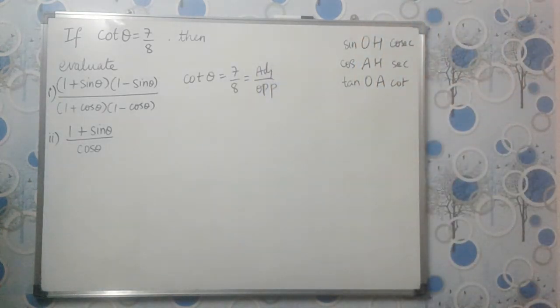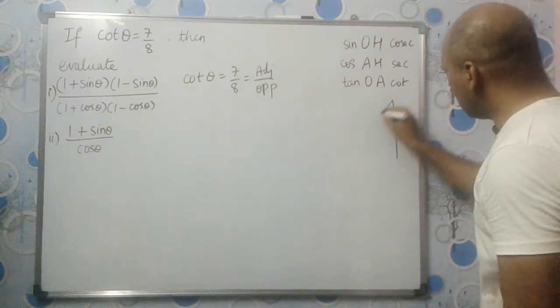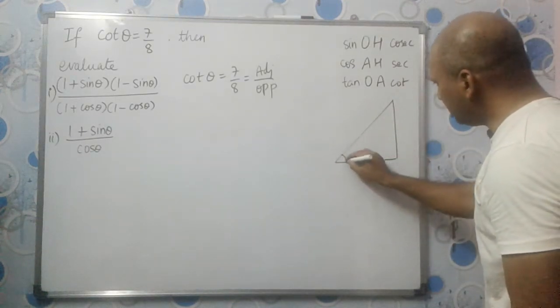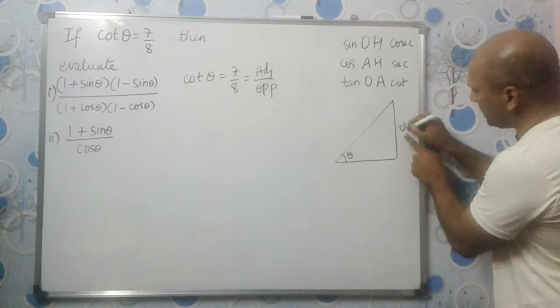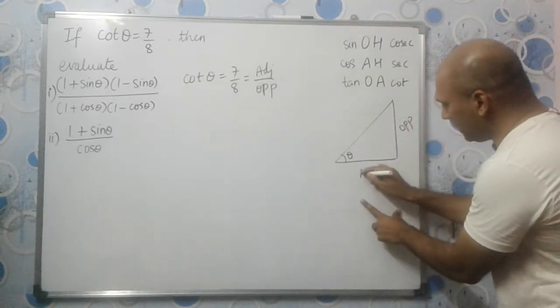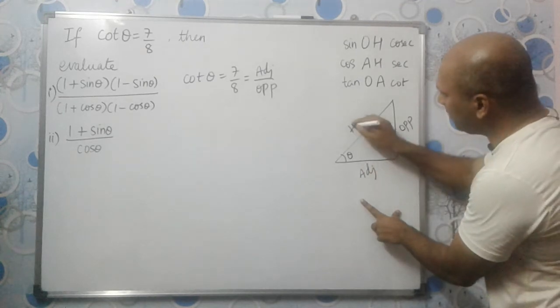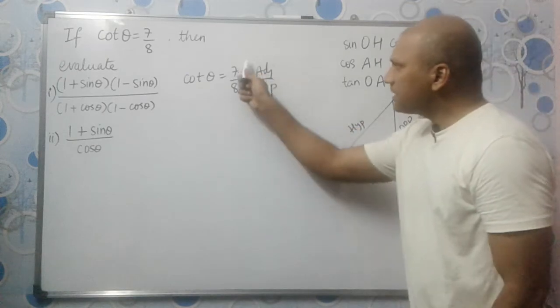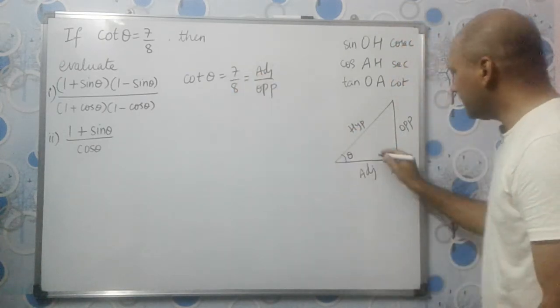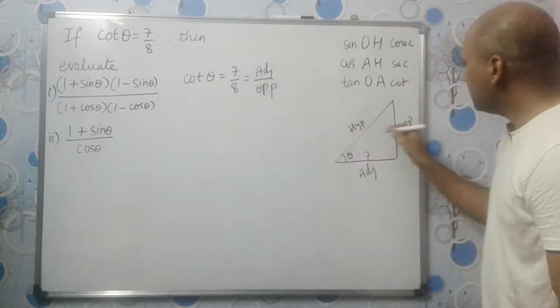So let me go ahead and draw a right angle triangle. Let me consider theta here. To this theta, opposite side is here. This is the adjacent side, and hypotenuse will of course be the longest side. Adjacent is 7, opposite is 8.